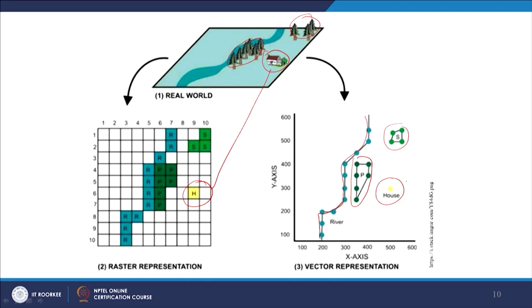But as per the definition of vector, a point is a 0 dimensional entity, and this cell in the grid may not be representing the true area of the house, the constructed part of the house. So, here also this is not a true representation of the real world.